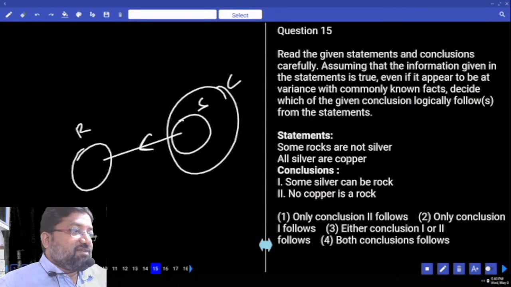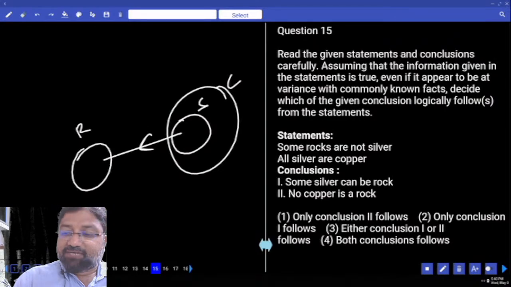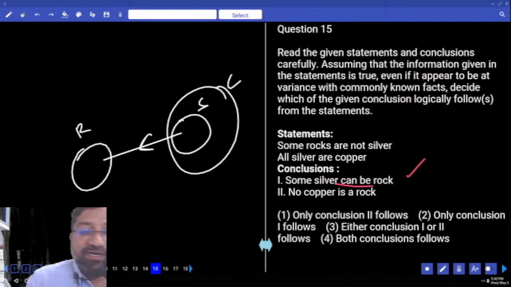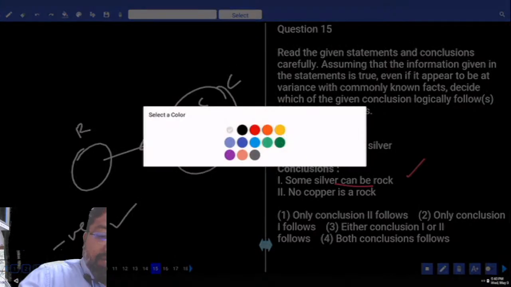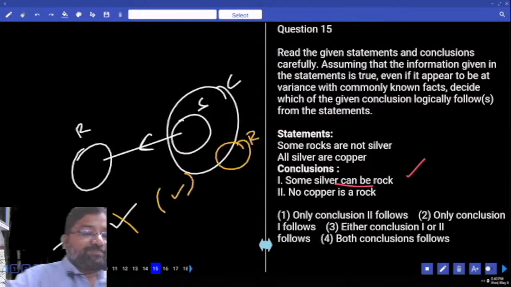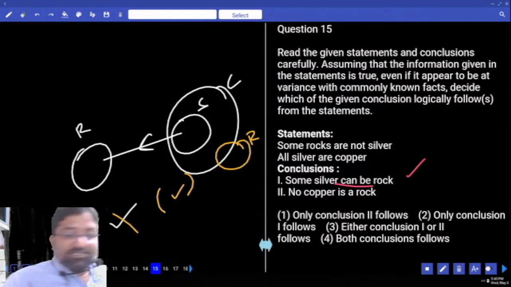Can rock go inside silver? No. So some silvers can be is a possibility. Do you have a possibility? Yes. No copper is rock. Positive or negative? Negative. What is the complementary? Some copper is rock. Can rock touch copper? Yes or no? So that is wrong. So what is my answer?